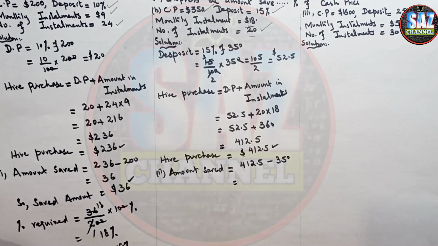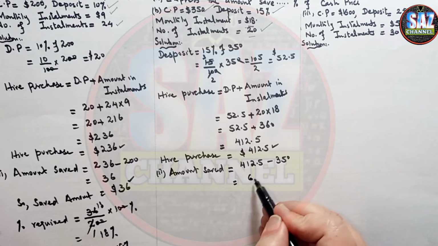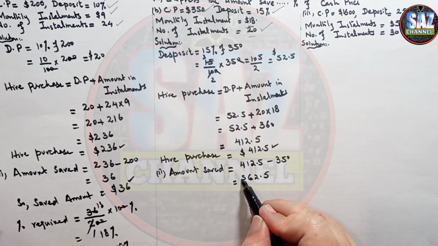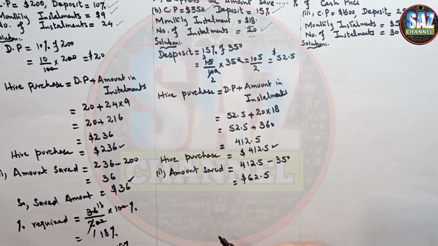Okay, so 412.5 minus 350, and this will give me 62.5. So this is the amount that I can save if I'm not purchasing this printer on the hire purchase conditions, if I'm purchasing this on the actual price.